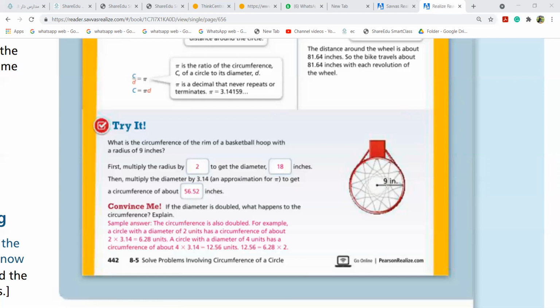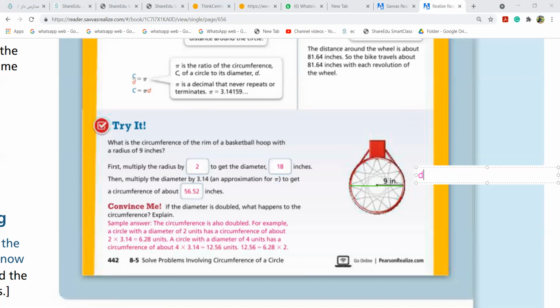See, from here to here, if it is 6, so total how much is it? 12. Double. Excellent. You must know that if R is 6, D will be 12, or R is 4, D will be 8. Double.